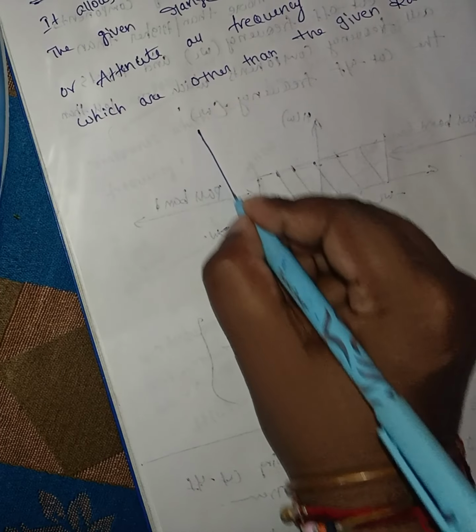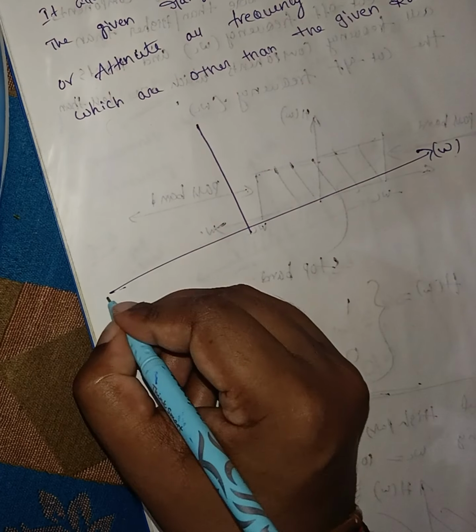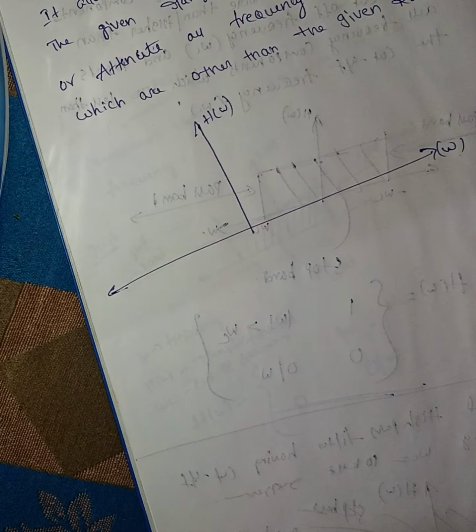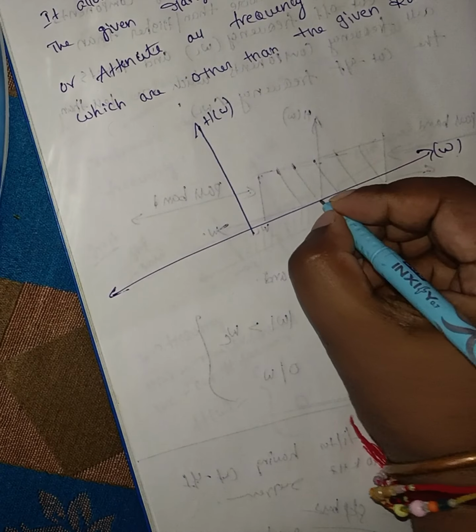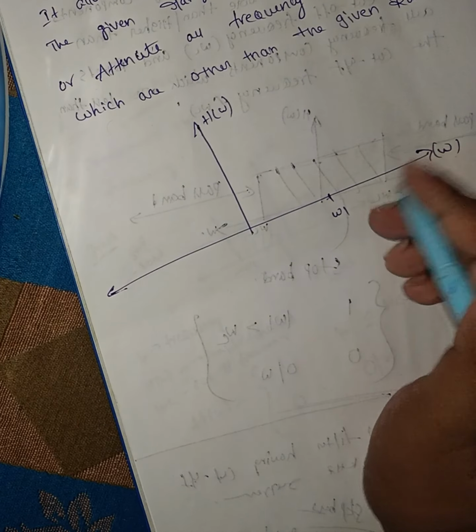So how does the graph look? Same story, omega and H of omega. Here we will give two frequency components, omega 1 and omega 2, so the given range is in between.